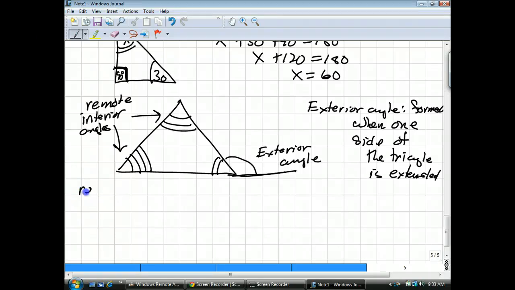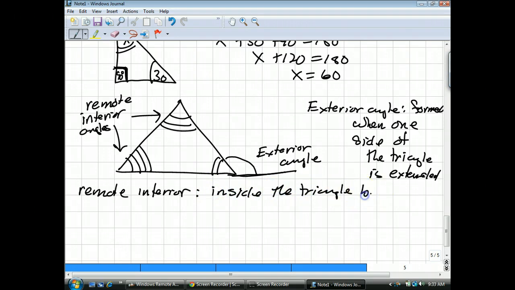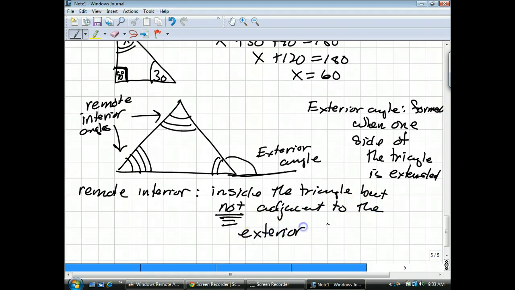Okay, so remote interior are inside the triangle, but not adjacent to the exterior angle.